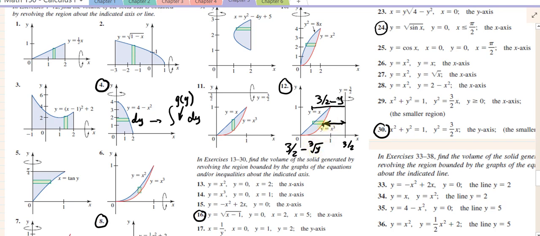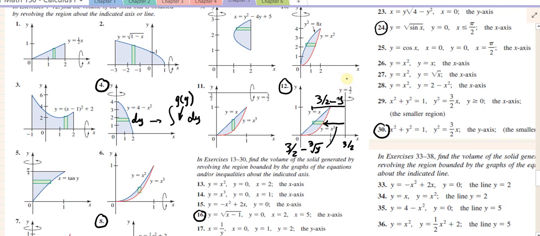That's the distance from this line to that lower curve. Good, and those are the key. So we can do number 12 now.